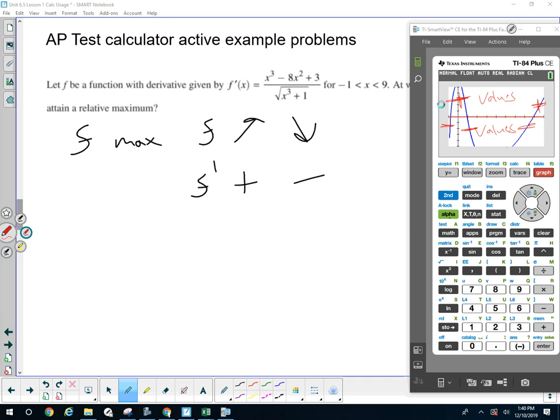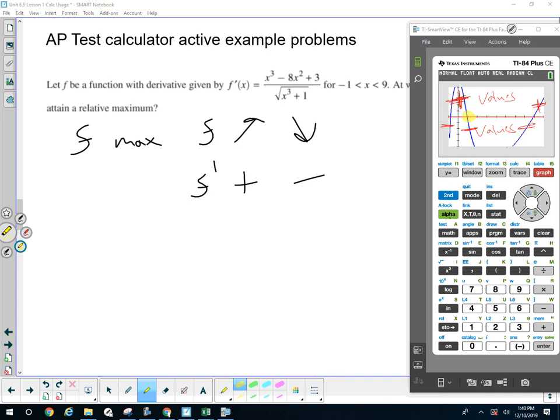When do we change signs from positive values to negative values? Right here. F prime goes from positives to negatives, which means F is going to be increasing to decreasing right there.